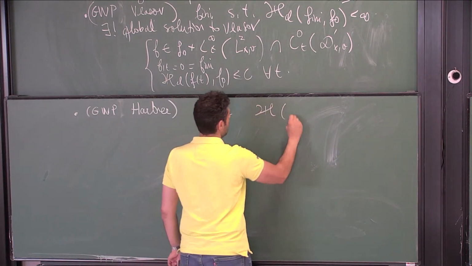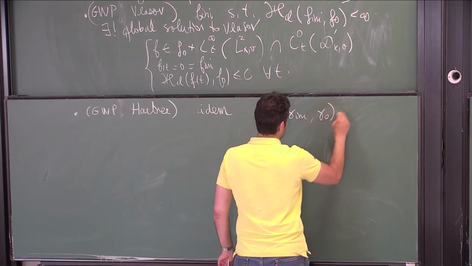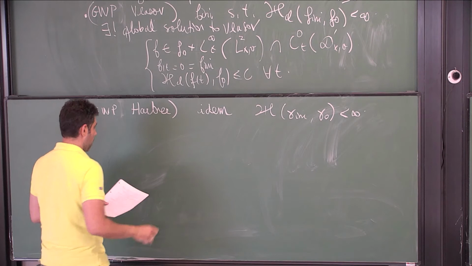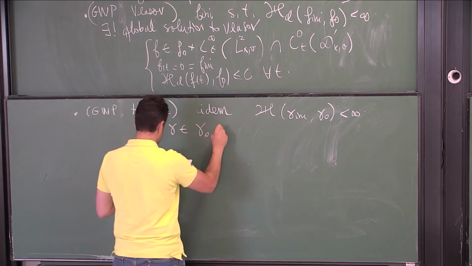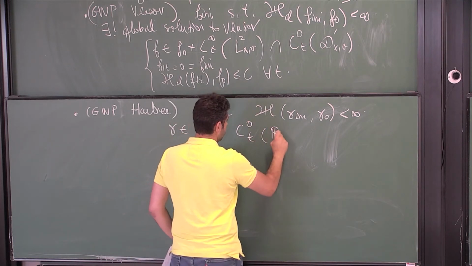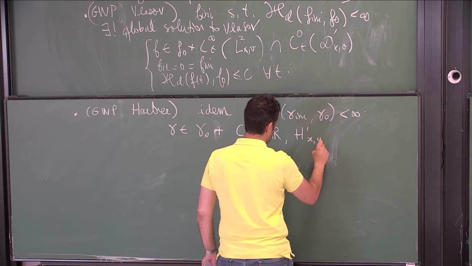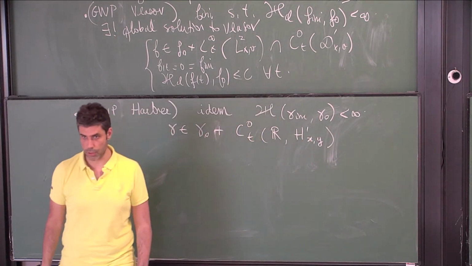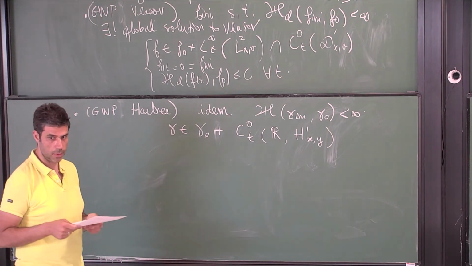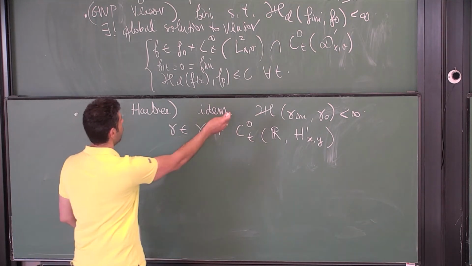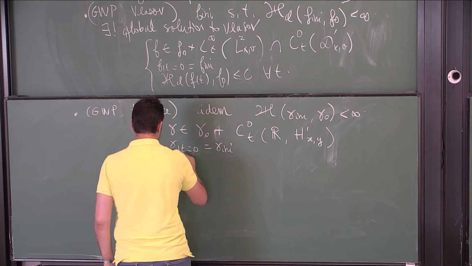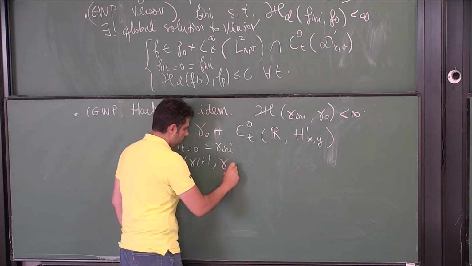So you will assume that your initial gamma is a perturbation with a finite relative entropy. And then your unique gamma will be gamma 0 plus something continuous in time. Let me speak in terms of kernel. The kernel will be H1 in two variables. It's a little bit easier, then I don't have to speak about Schatten spaces and so on. And all the same, gamma at t equals 0 is the initial one, and the relative entropy is bounded.